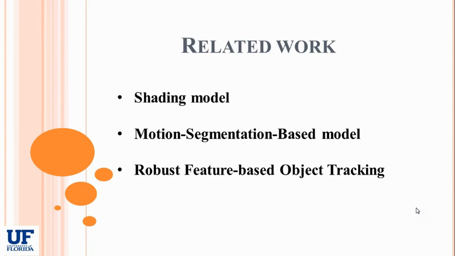Another model I also looked into was a motion segmentation based detection, which was discussed by Dr. Wu in his paper. Geometric adjustment, also called image registration, helps in mitigating the effects of camera movements.